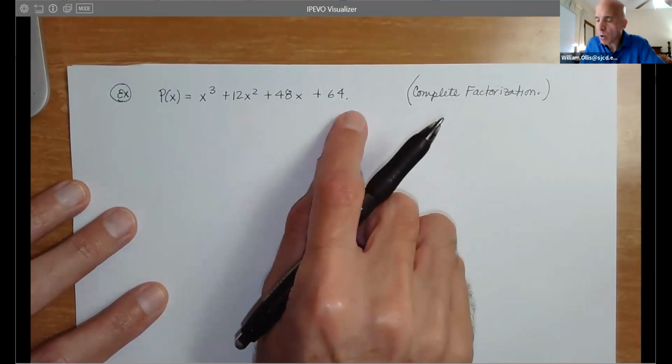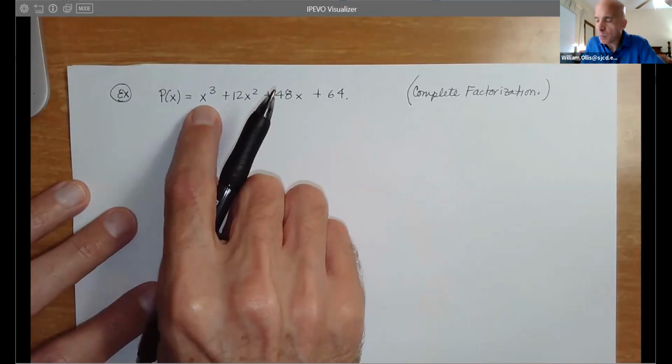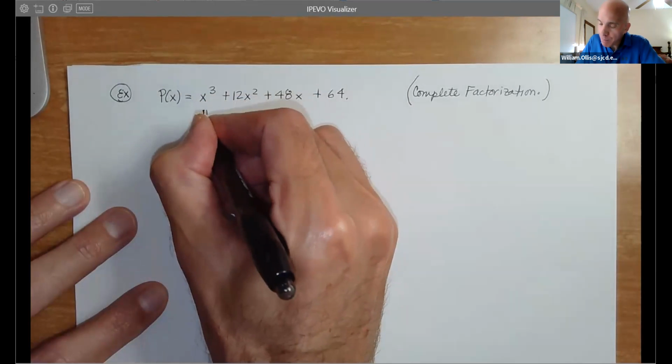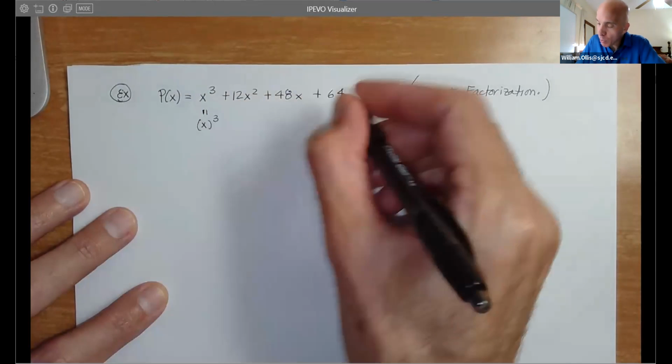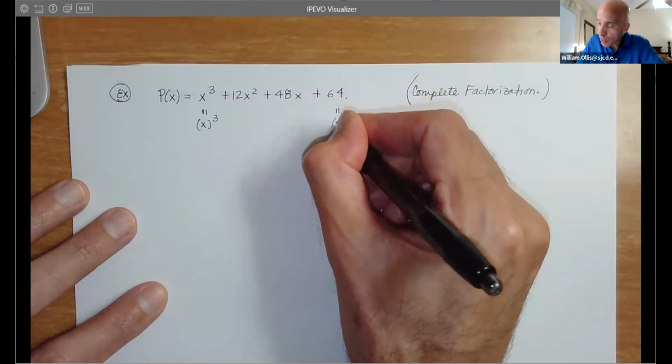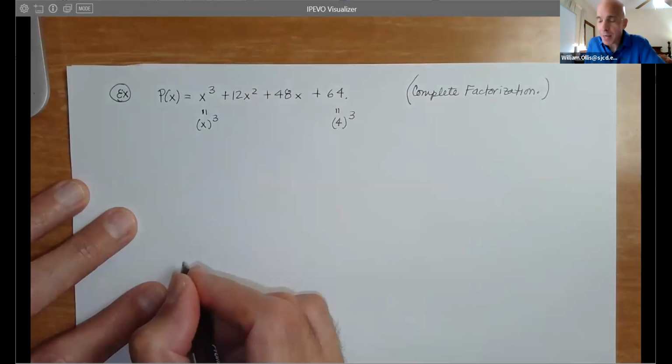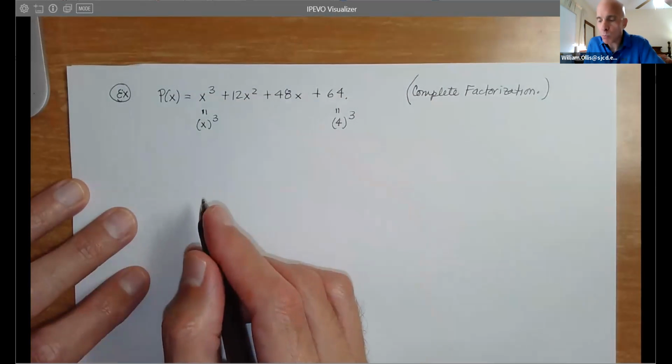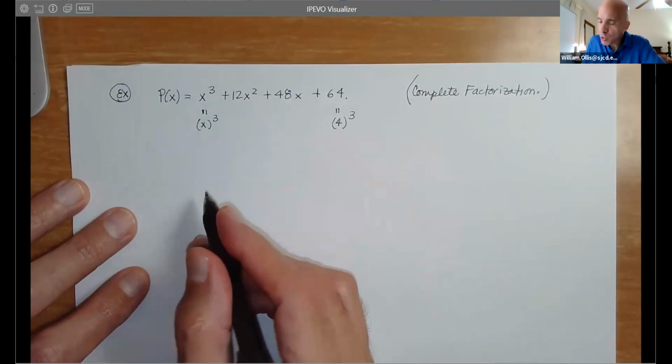Well, notice, everyone, this is a perfect cube, and that's a perfect cube. This is just x to the third. This is binomial, and this is 4 to the third. And you're thinking, are these the middle terms of the binomial expansion when the n is equal to 3? Well, let's check.